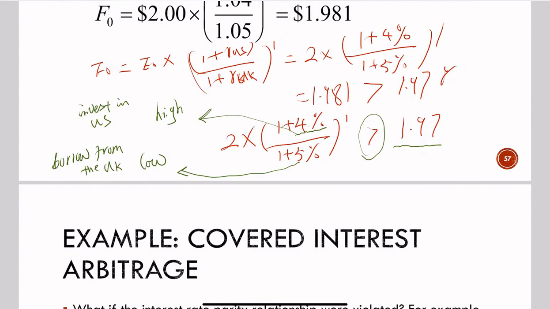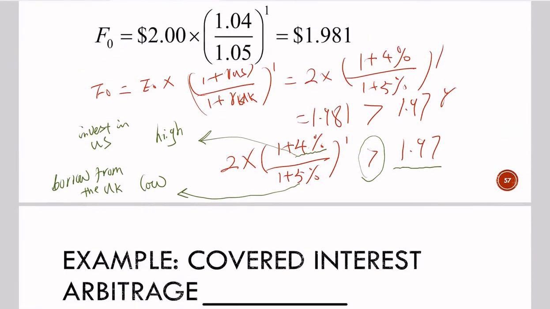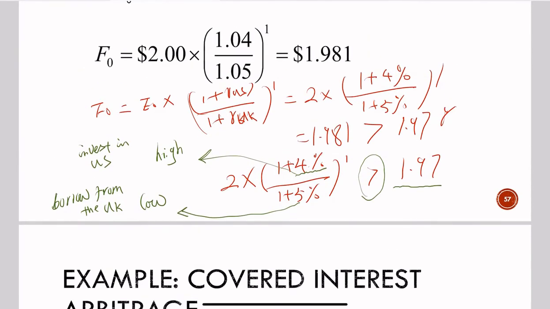So you can see that the idea is pretty simple. It basically means that the US has a high interest rate and the UK has a low interest rate. So what you will do here is you will borrow from the UK and use the borrowed money to invest in the US. And then if you do this, you have to think about the potential exchange rate movement.